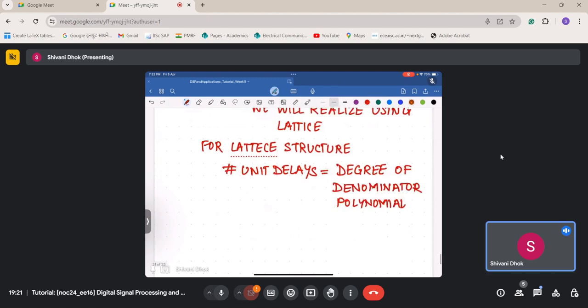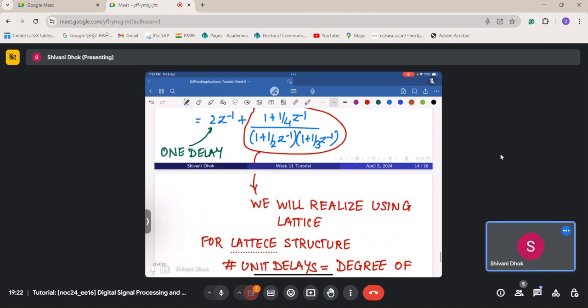So in this question, what is the degree? Here it is a 1 degree polynomial multiplied by a 1 degree polynomial, so the degree will be equal to 2.